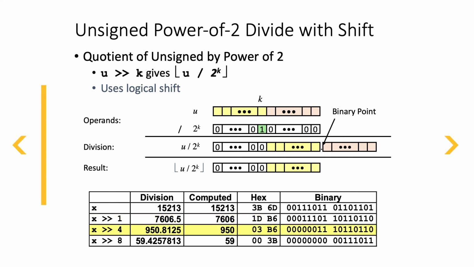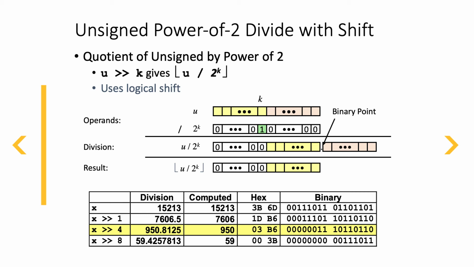If we shift by 4, we're dividing by 2 to the 4th, or 16. Which mathematically would give us 950.8125. Again, we have to take that floor because we're dropping off the stuff that goes out past the binary point. And binary point is the same as decimal point, except when we're dealing with binary, we call it the binary point.